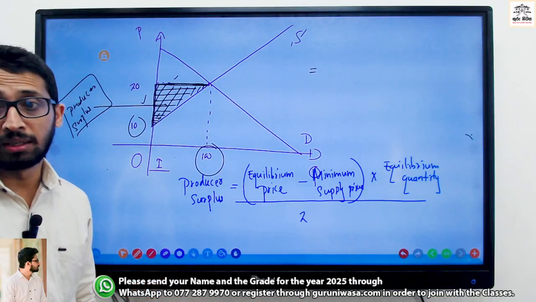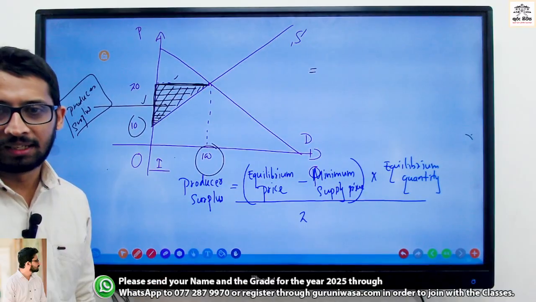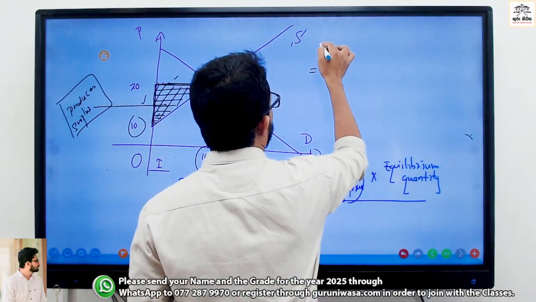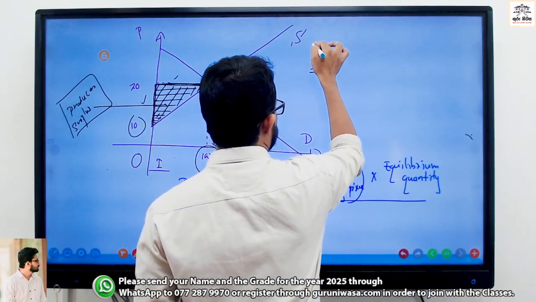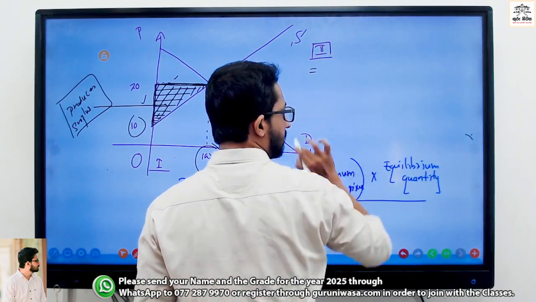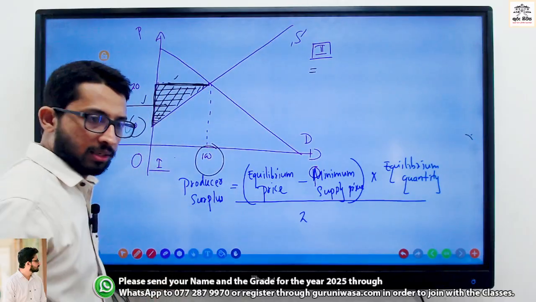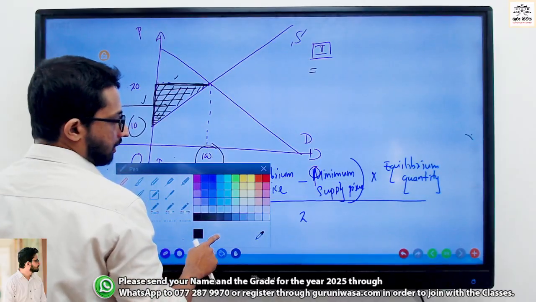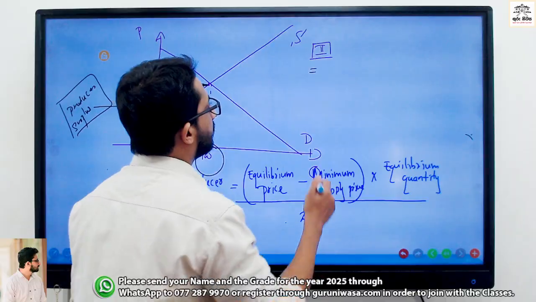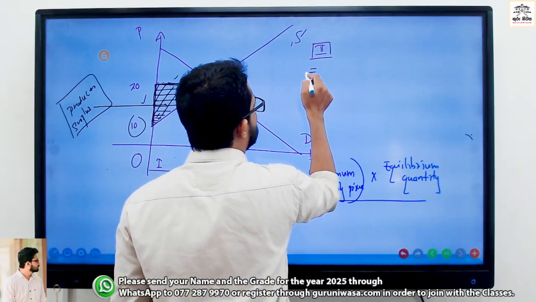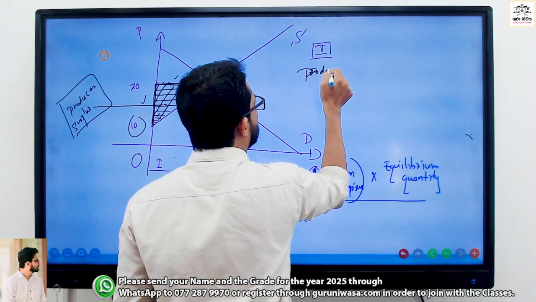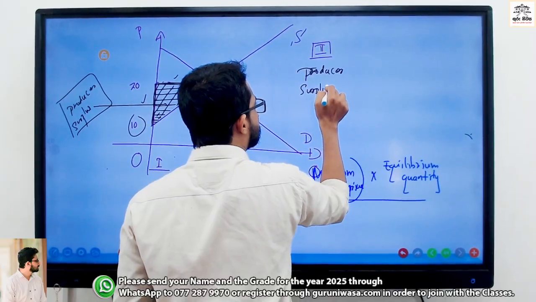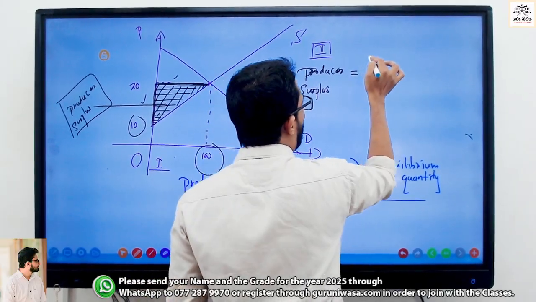There is another equation. Remember this equation as well, the second one. But the second equation is not much used in this lesson. Still, producer surplus can be calculated using this equation as well. Producer surplus equals total revenue.